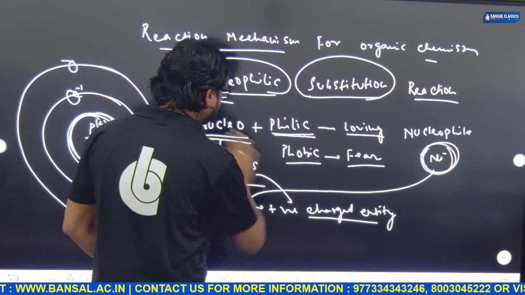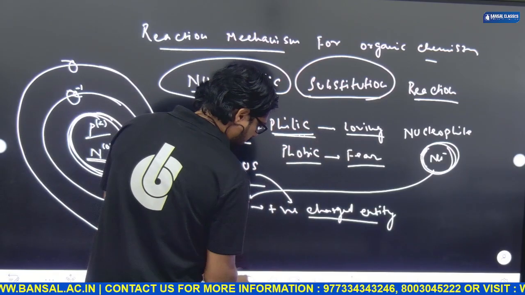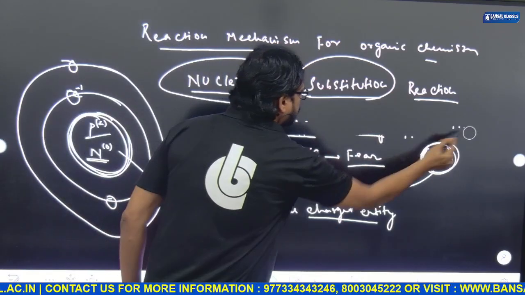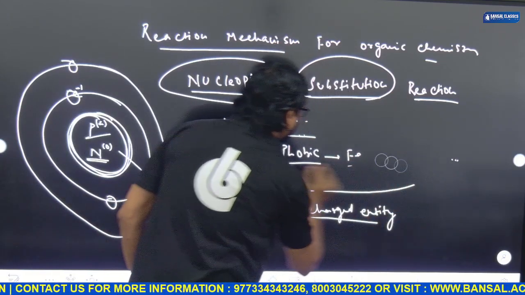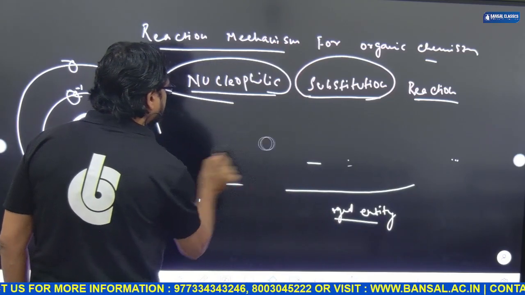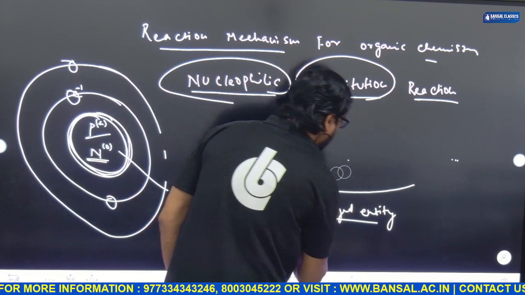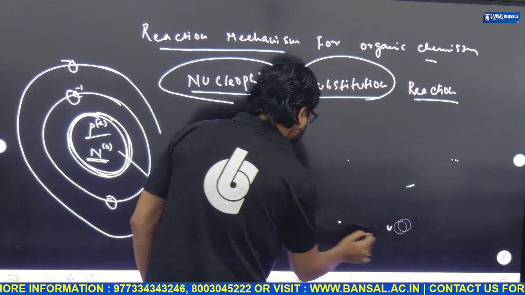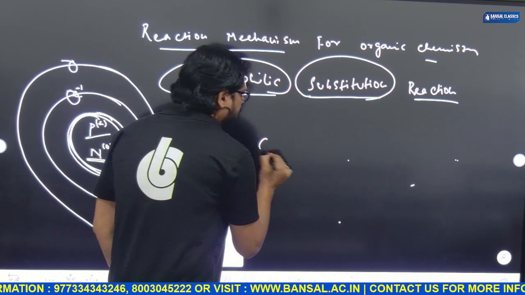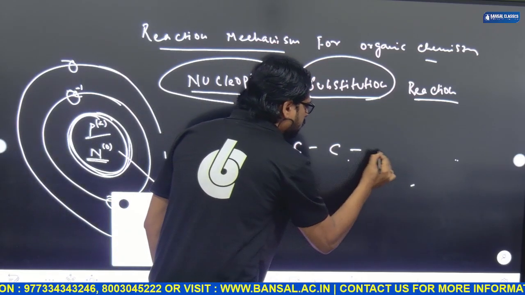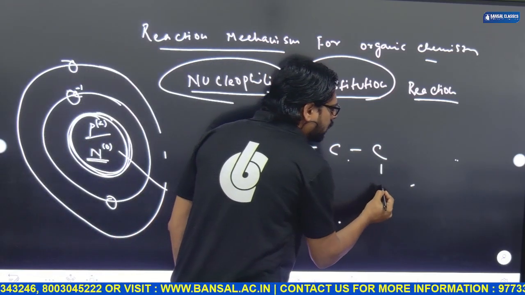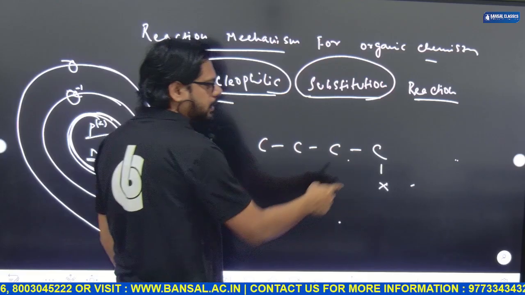Let's take an example. Let me make a carbon chain. For example, this is a carbon chain, and here we have put a halide, that is halogen.